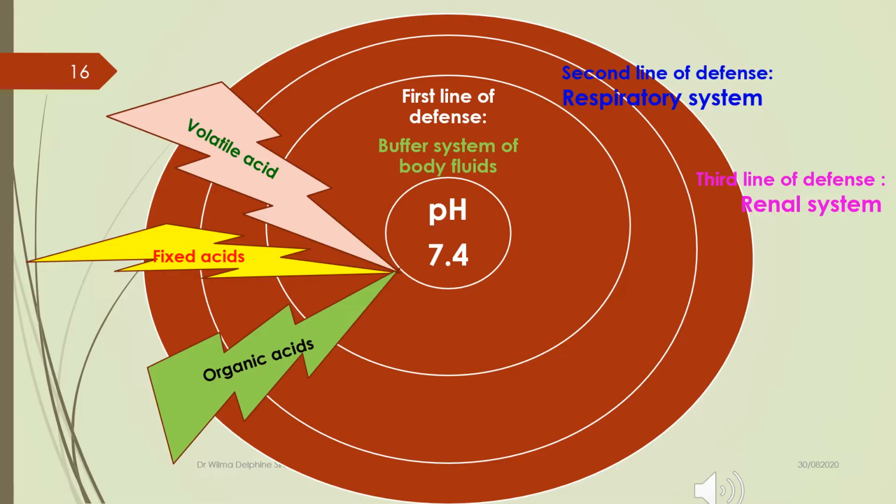But the third line of defensive mechanism, the renal system, can eliminate the excess acid or base from the body. Although the kidneys are slow to respond compared with the other defensive mechanisms, they are the most powerful and long-term regulators of the acid-base regulating systems.